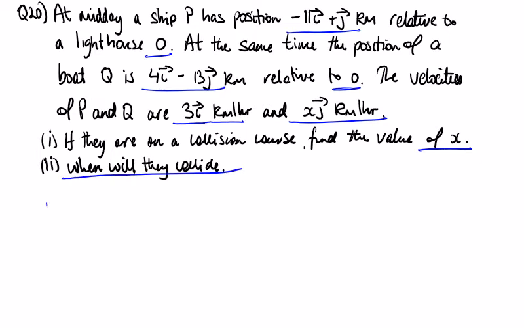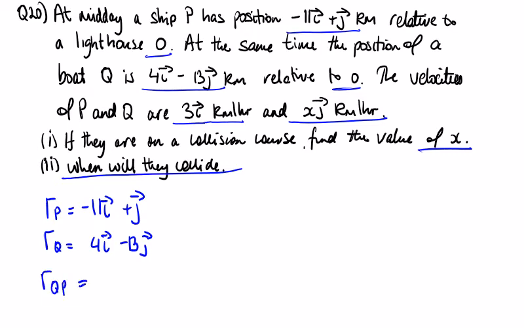Okay, let's look at the positions here and the velocities. P is minus 11i plus j, and Q is 4i minus 13j. Going backwards will give me the positive value, so I'll do that.